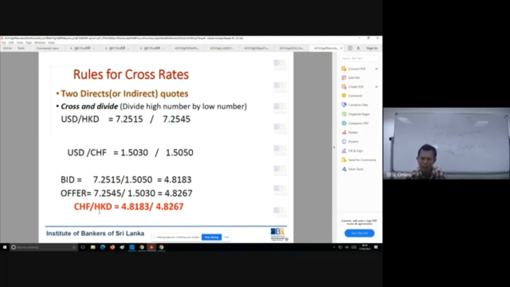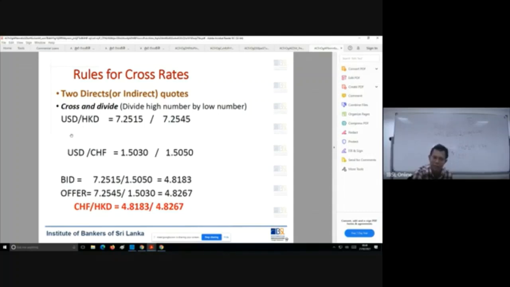Obviously HKD, because he pays 7 while CHF is given 1.5. So if it pays more, it should be on your right hand side. HKD on your right hand side: CHF HKD 4.8. That is how it's given already.